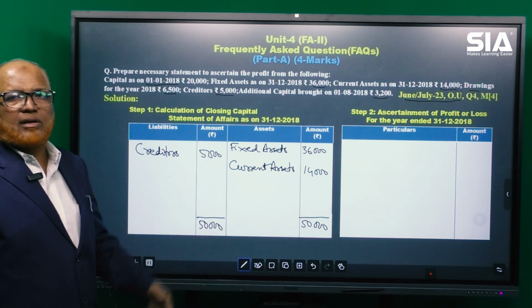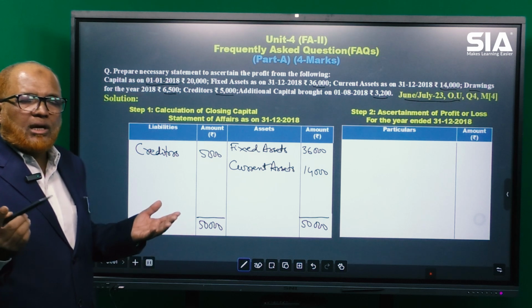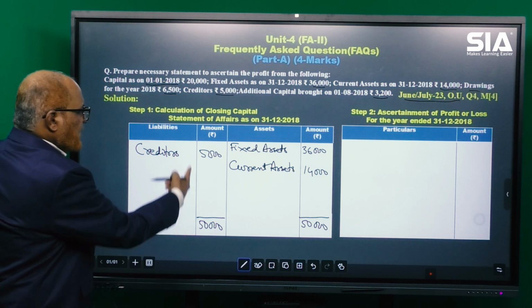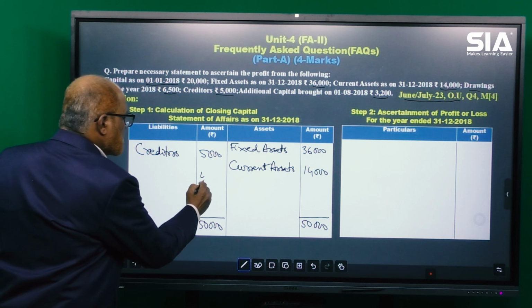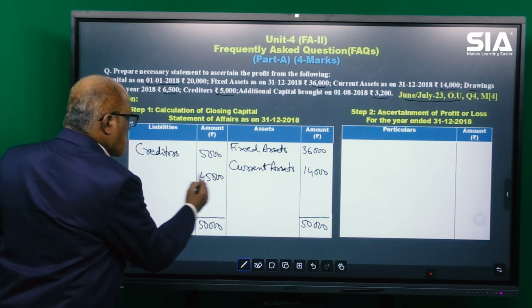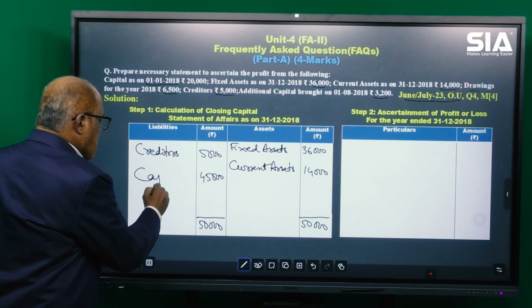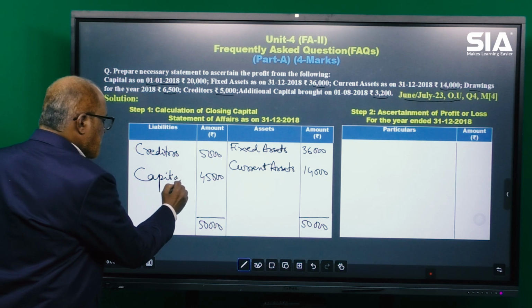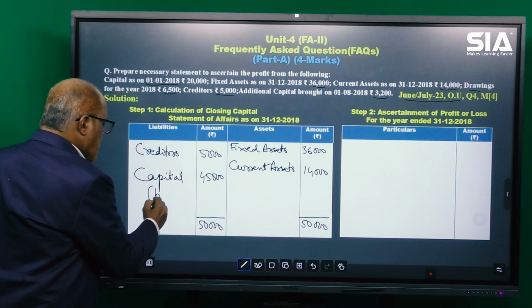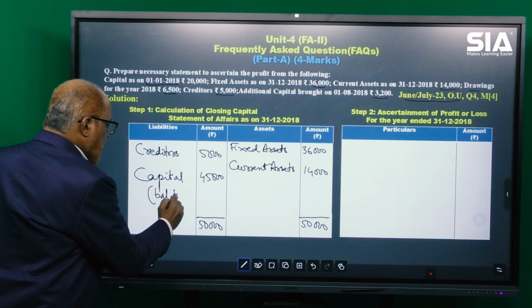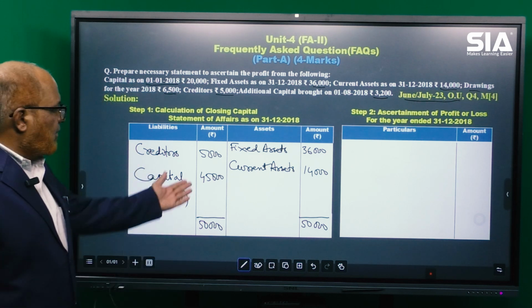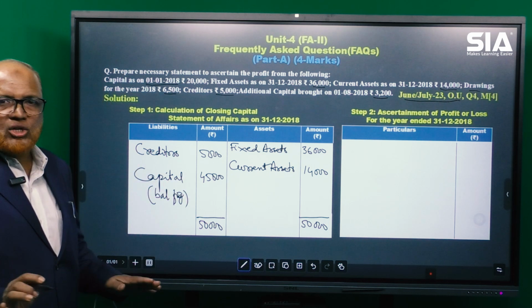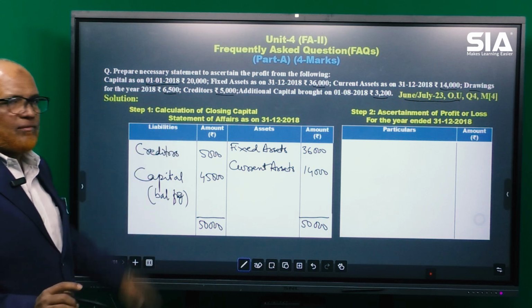Assets minus liabilities, the capital according to the accounting equation. So 50,000 minus 5,000, you will get 45,000. What is this 45,000? Capital at the end of the year, which is not given in the problem. This is called the balancing figure. It is not given; we have calculated 45,000. Finished. This is the statement of affairs.